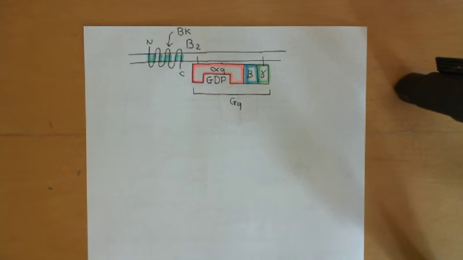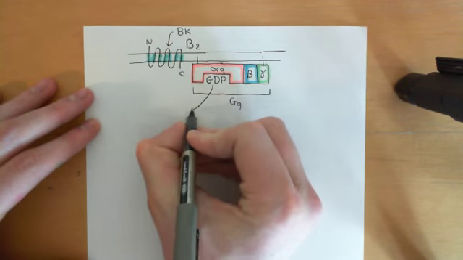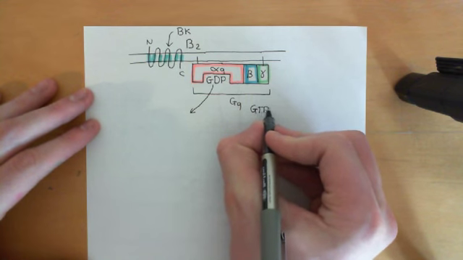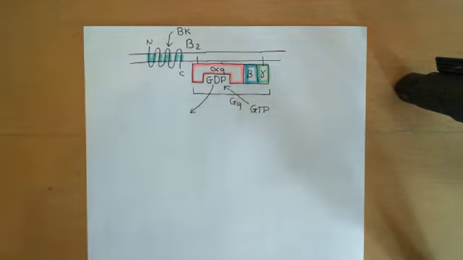It will then catalyze the conversion of the alpha Q subunit from being in the off state to being in the on state. So it will catalyze the release of this guanosine diphosphate molecule and the entry of a guanosine triphosphate molecule. So GDP will leave and GTP is going to come in.